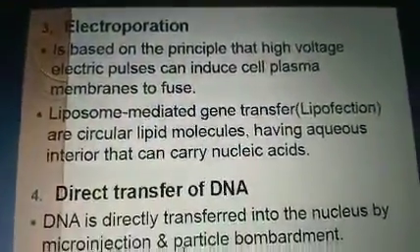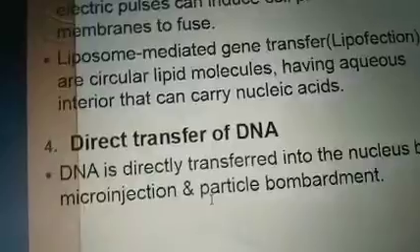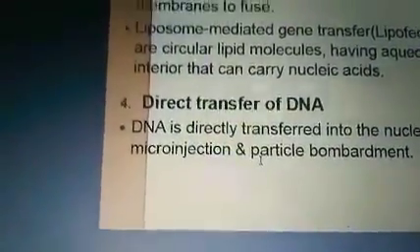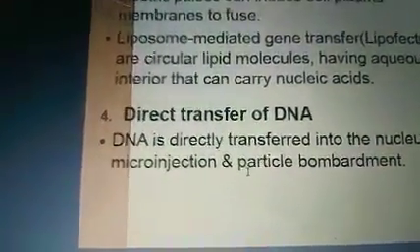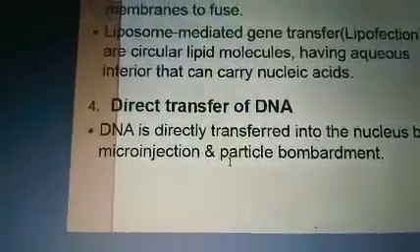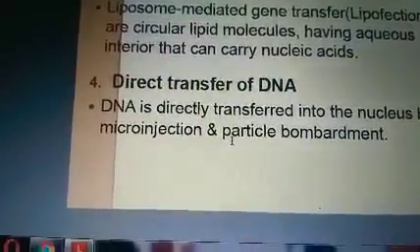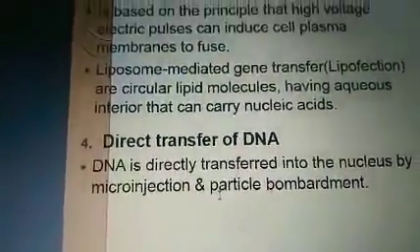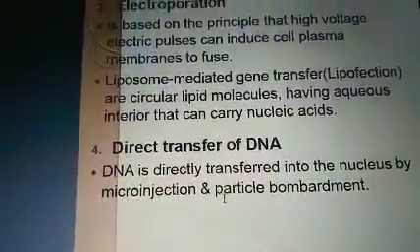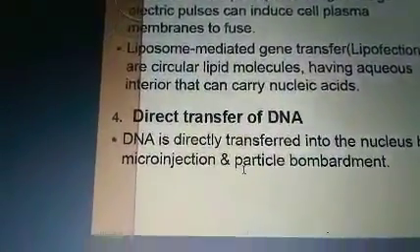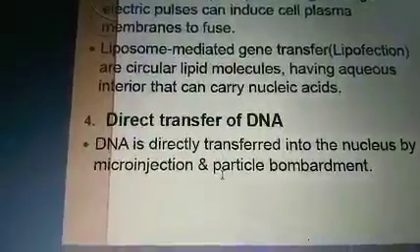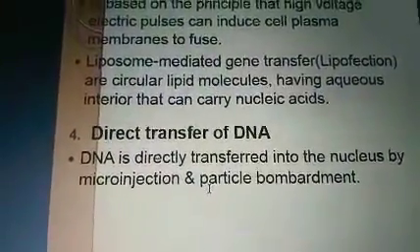Electroporation is based on the principle that when a high voltage current is provided to a specific cellular system, it creates some pores, and the pores enable the recombinant DNA to pass through. Similarly, liposome-mediated gene transfer uses circular lipid molecules having an aqueous interior that can carry nucleic acids.